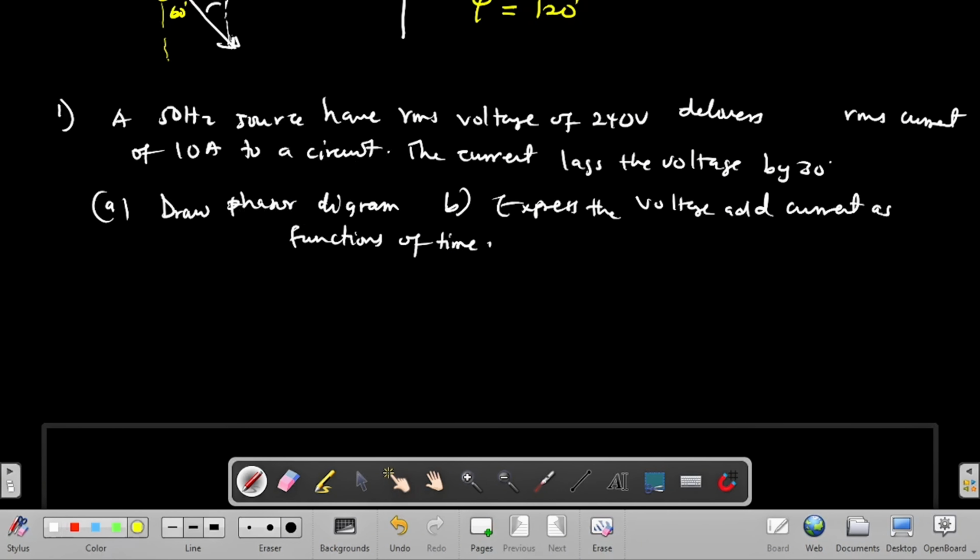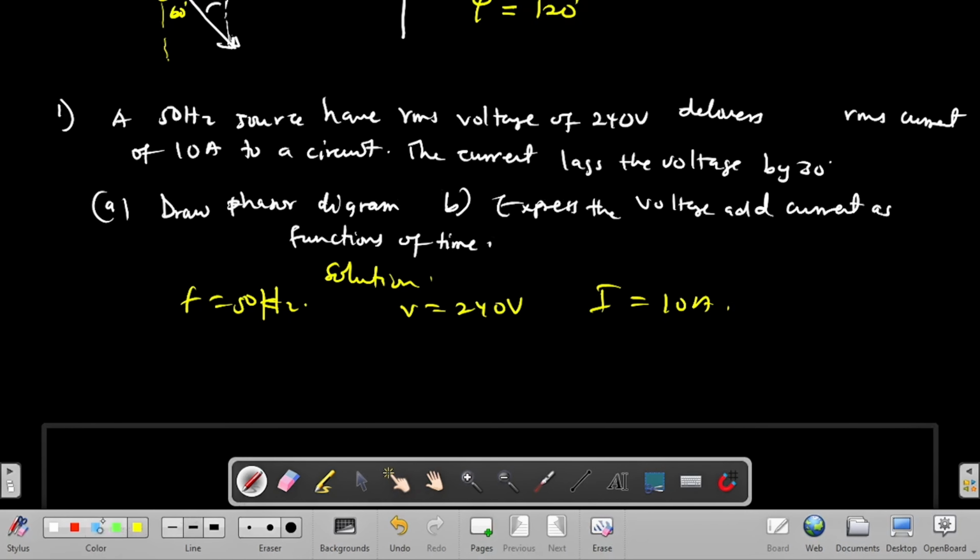Okay, so for the solution, our f is equal to 50 hertz. You put down your parameters first. Then our voltage is equal to 240. Current I is 10 amps. You realize that they are saying that the current lags the voltage by 30.